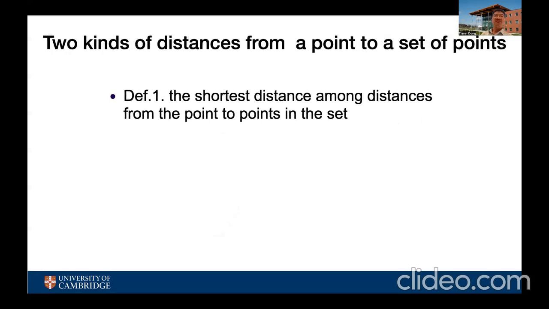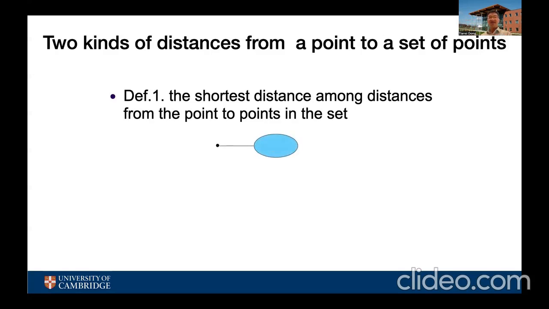Now we need to define the distance between a point and a region, an area. We can have two different definitions. One is that, for this area, the distance is the shortest distance. The other is that we choose a representative location, let's say the center of the area, as the distance between the point and this region.